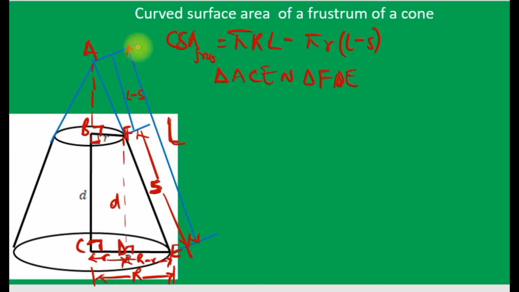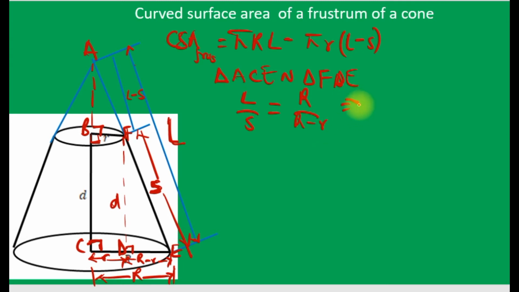So which implies that, remember, we are looking for curved surface, so we use slant height, which is L over X, because the big one corresponds to this, over the radius of the big one, R, over the radius of this one, which is R minus r.